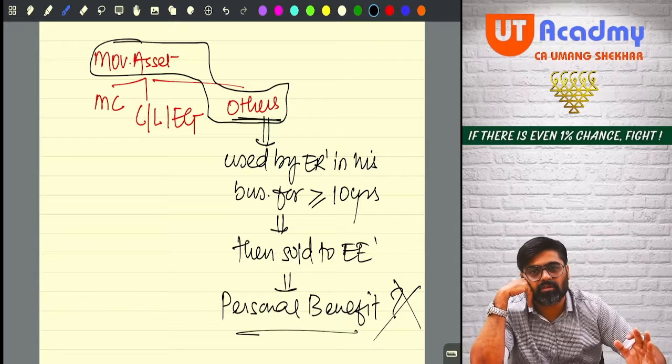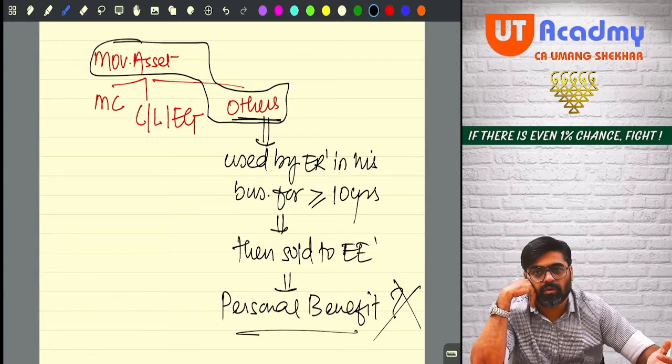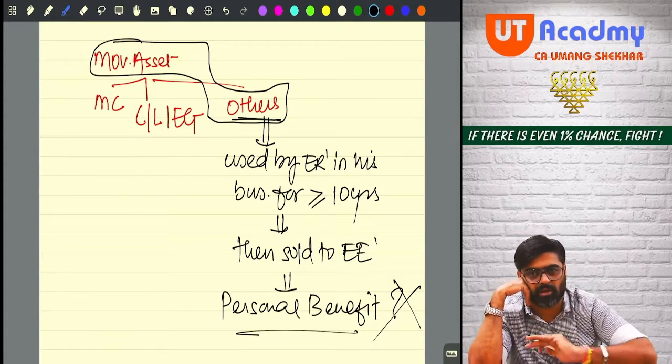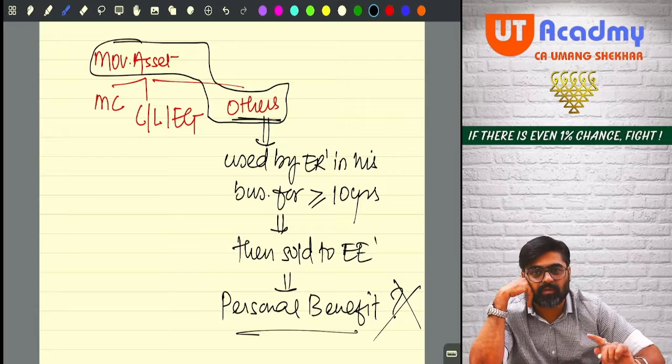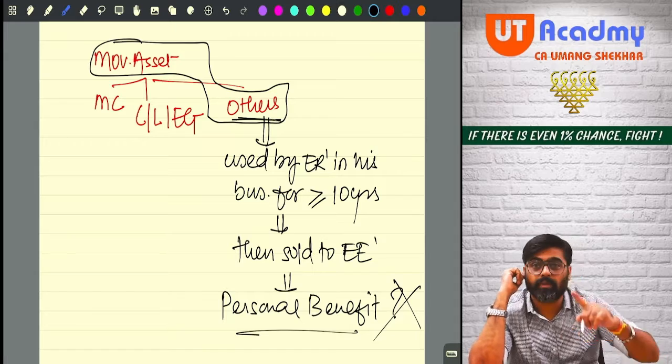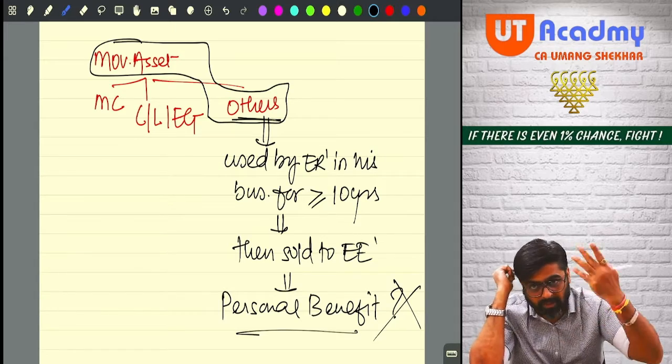Because within 10 years of use, the use is 10 years or more, no? So the value after the 10 years will be zero. And against that, whatever recovery is made cannot be your benefit. This benefit will arise only if the value recovered, meaning the selling price, is lower as compared to the value. Here the value itself becomes zero.